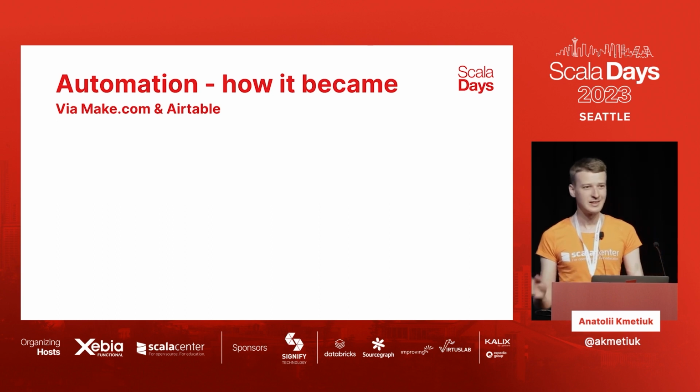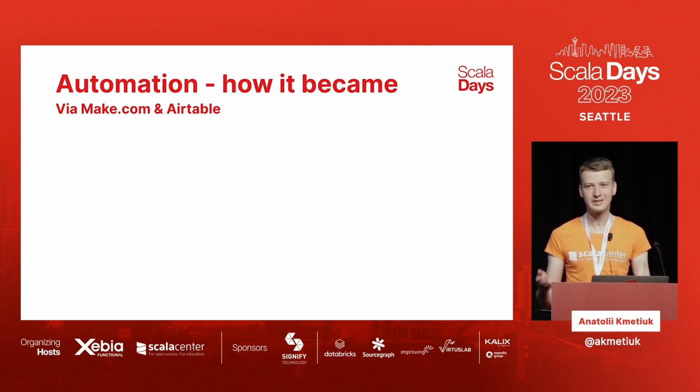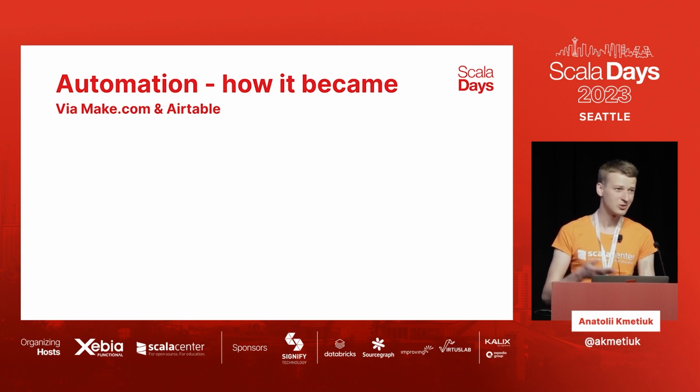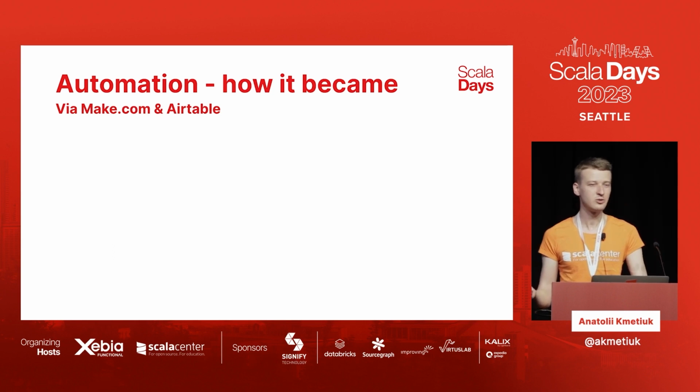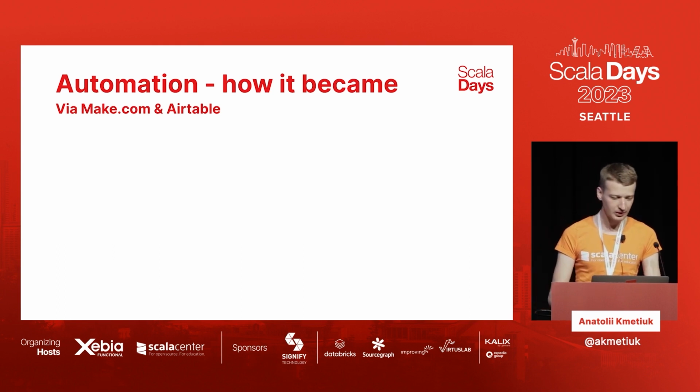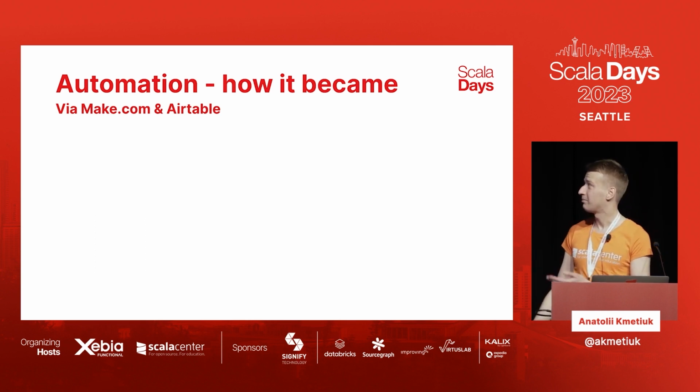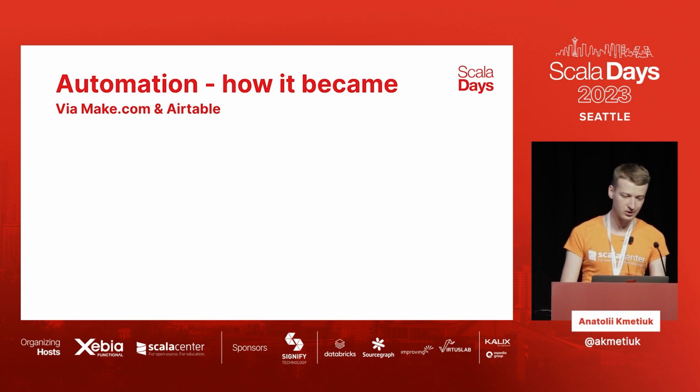I wanted to avoid that because it's code, and code is always a liability, because you need to maintain that code. You run into bugs, you run into breakages of APIs, and in practice, it is more time wasted coding this solution than time saved. But fortunately, those two projects, make.com and Airtable, were a solution for me.